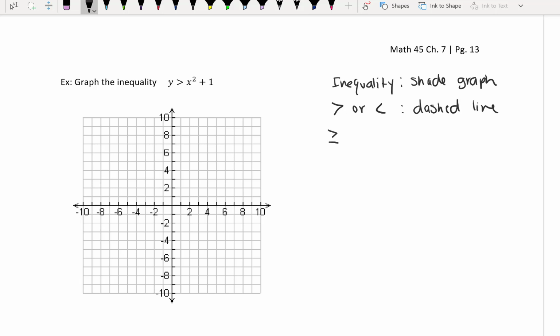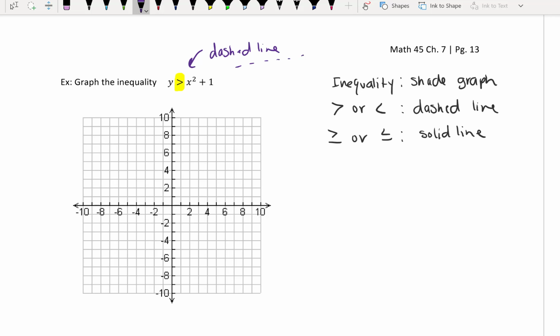When it's greater than or equal to, or less than or equal to, it is going to be a solid line when I'm looking at the inequality. So this inequality tells me I'm going to have a dashed line. So dashed line looks like this.